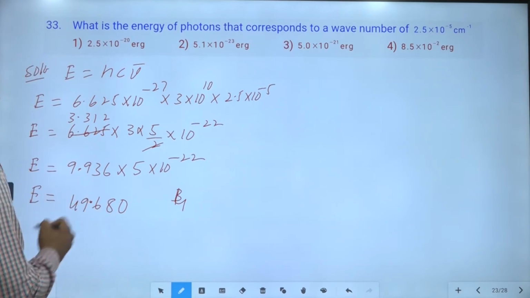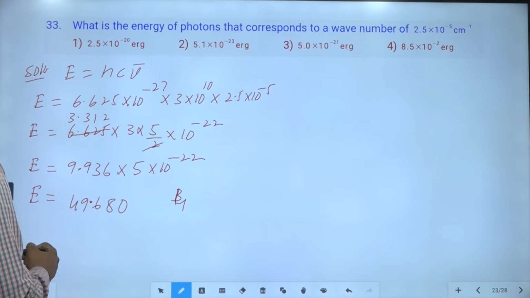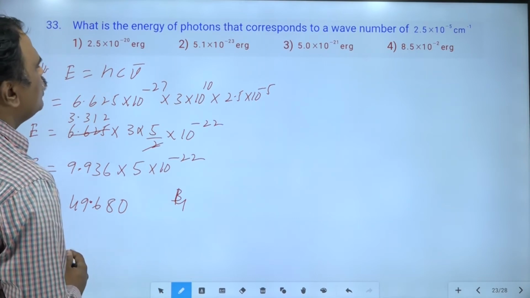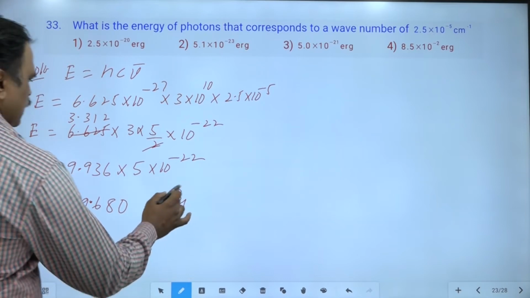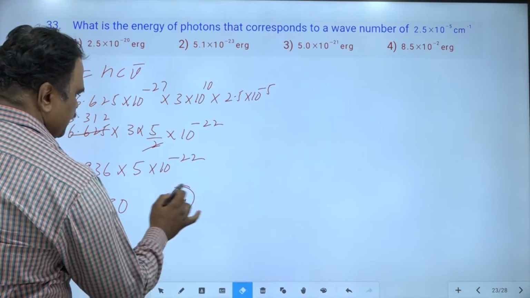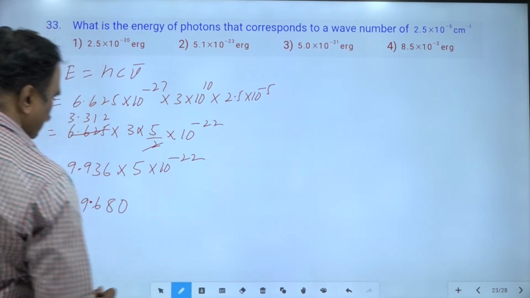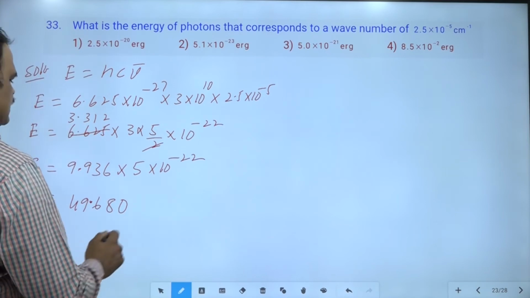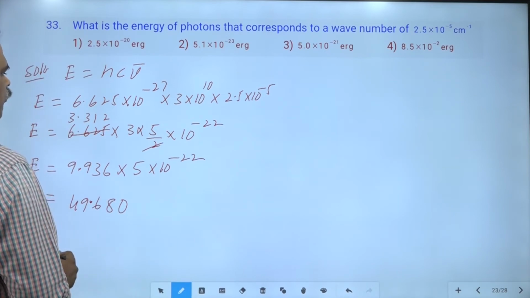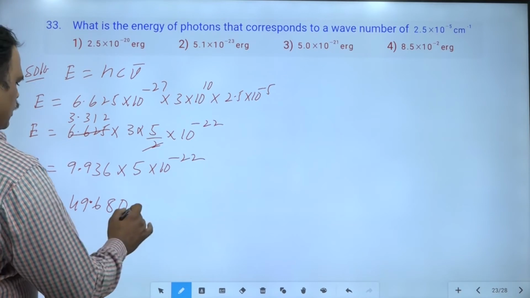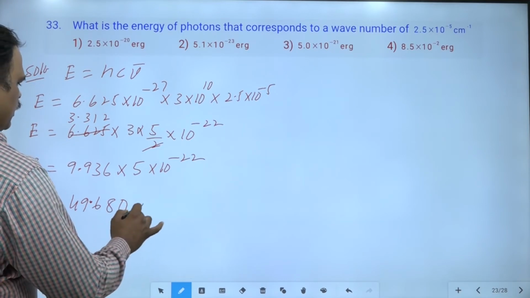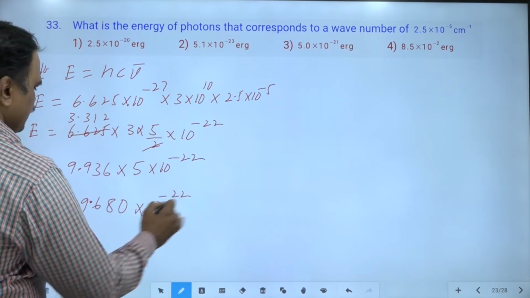So 49.680 into 10 power minus 22 only. We are getting the same answer. So 49.680 into 10 power minus 22.